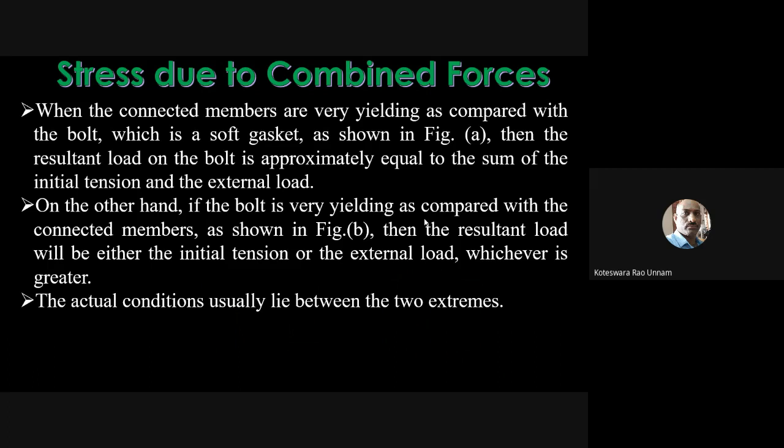In the opposite case, if the bolt is weak compared to the connecting members, then the resultant load will be either the initial tension or the external load, whichever is greater; you need to consider only that. But in any practical condition, you cannot have connecting members which are very weak compared to the bolt, or vice versa. You cannot have a bolt which is very weak when compared to the connecting members either.